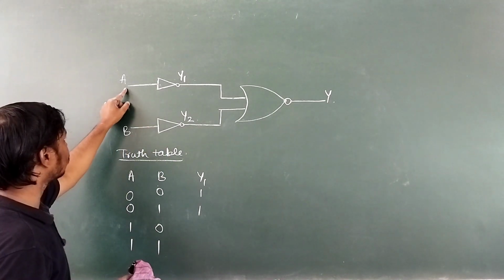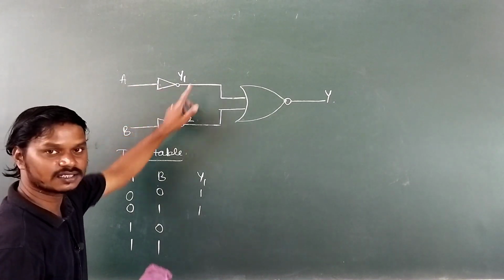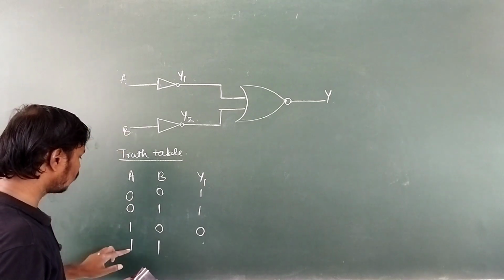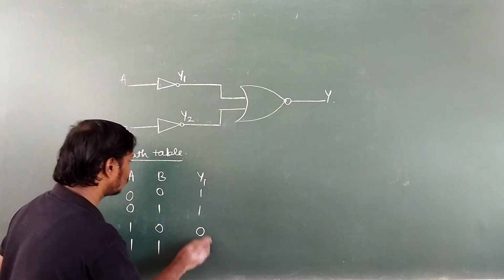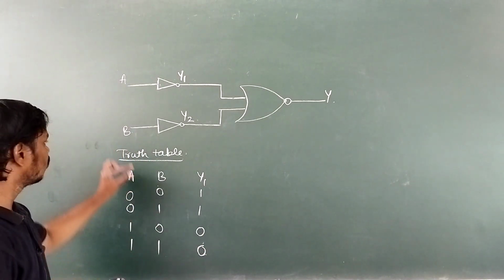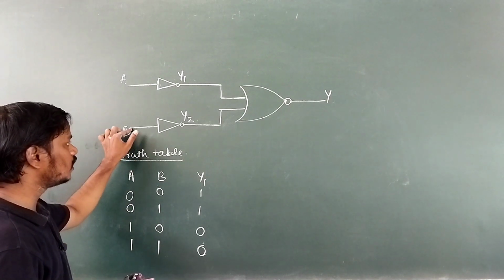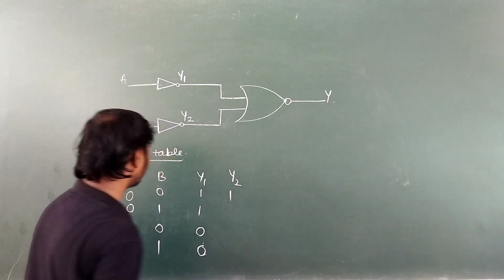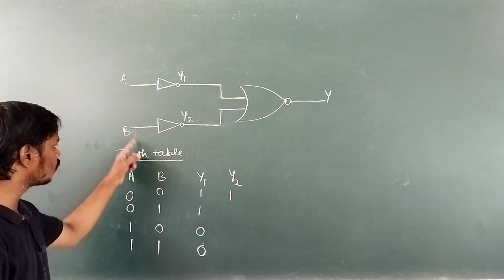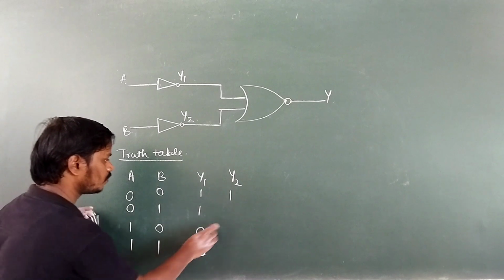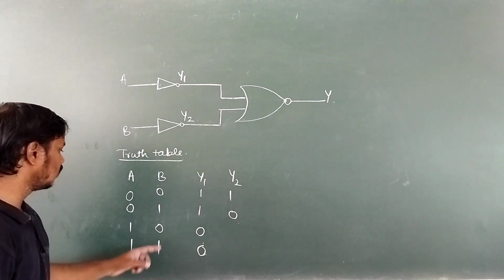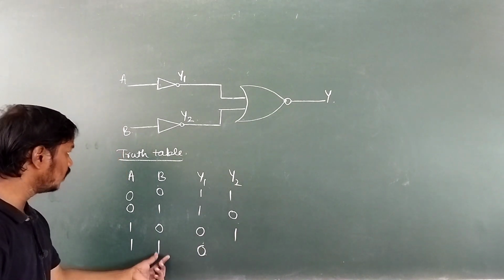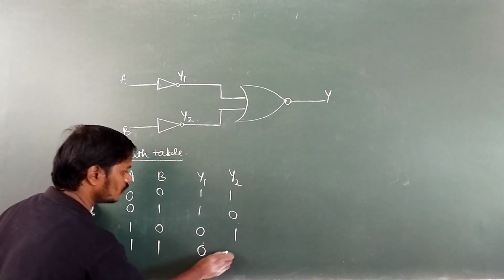If A is 1, then Y1 is 0. Next, if A is 1, again Y1 is 0. Now let us move to B. If B is 0, then Y2 is 1. If B is 1, then Y2 is 0. Then if B is 0, Y2 is 1, and if B is 1, Y2 is 0.